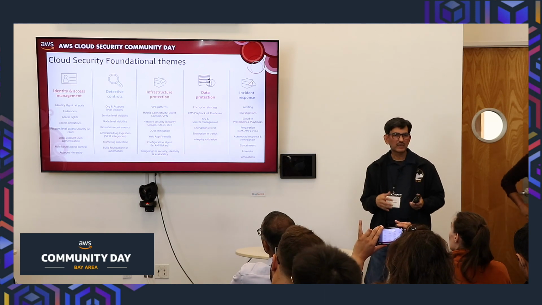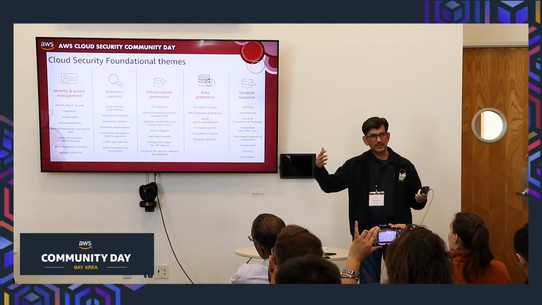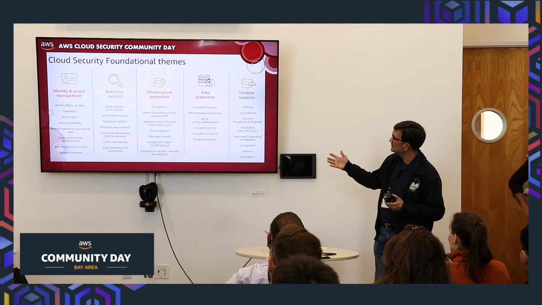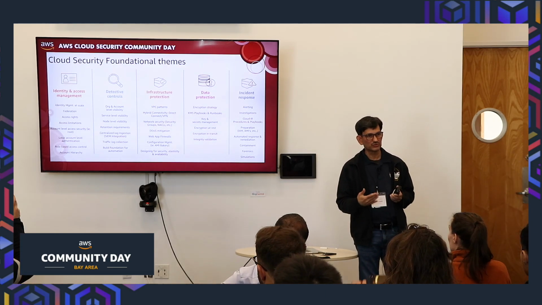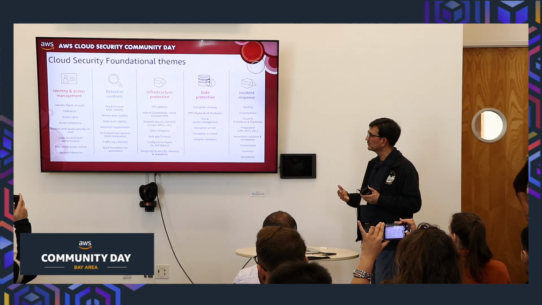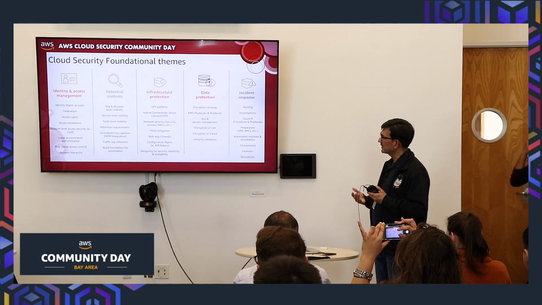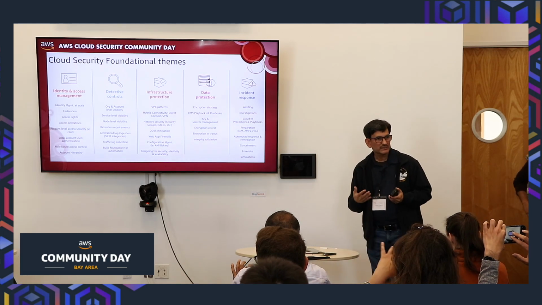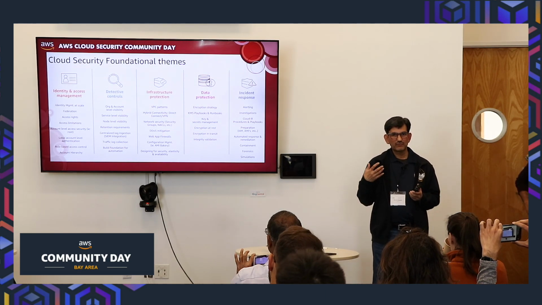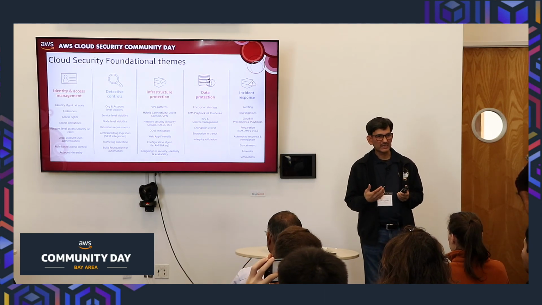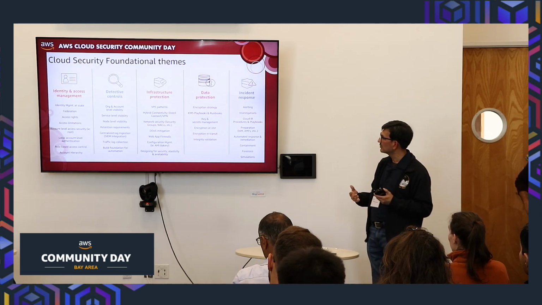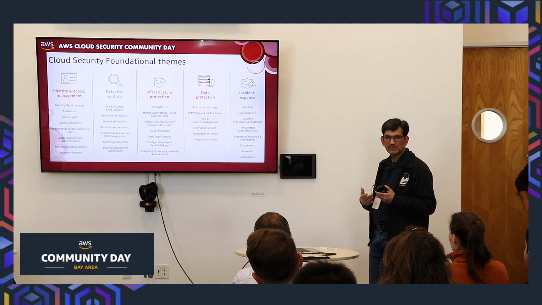If we look at cloud security at a higher level, we are looking at foundational themes, and these are the 5 foundational themes AWS also looks at. As you look at each of those areas, including identity and access management, there are various capabilities that you have to find out how you are implementing as a customer. For example, identity management at scale.